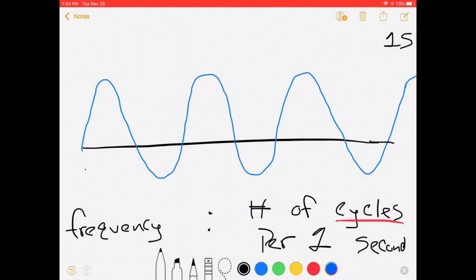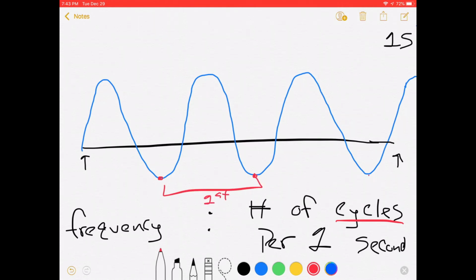So this 1 second lasts from the start of this black line to the end of this black line. So if we had to calculate the number of wavelengths, we can do it at any point that we want. It doesn't have to be a peak or a trough. So in this case, I'll just do it from a trough. So we have our first trough to our second trough. That's one wavelength. That's our first wavelength.